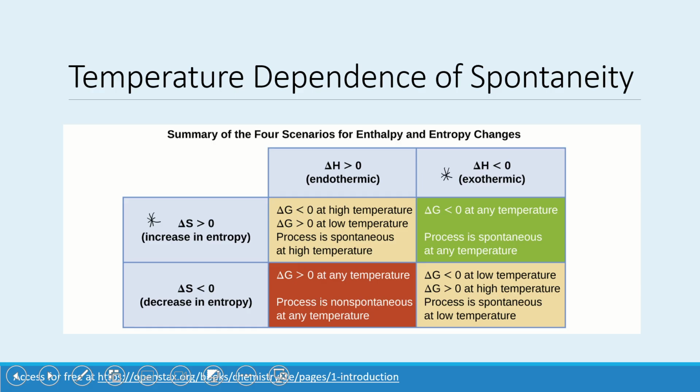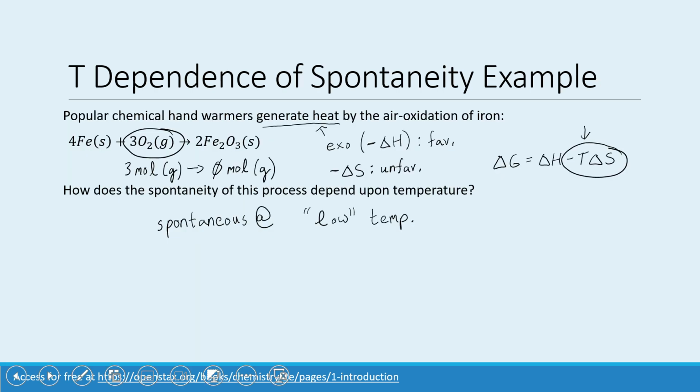All right, and if we go back, of course, and just review that table, we can see that if we have an exothermic reaction with a negative delta S value, it's going to be spontaneous at low temperatures.